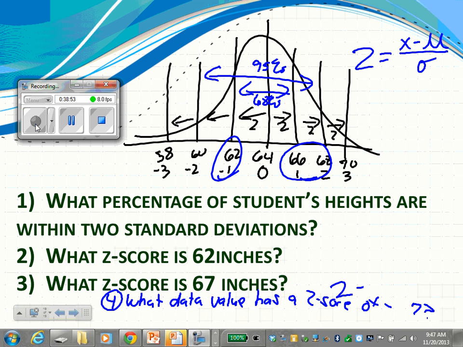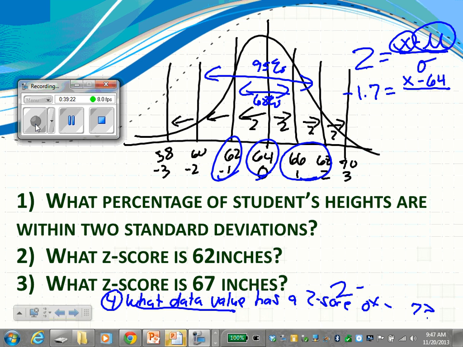So in this case, have I been given the z-score? Do I know the z? Yes, the z is negative 1.7. Do I know the x? The x is the data value. No, it's asking for what data value? So I'm looking for the x. Do I know the mean? Yes, the mean is 64.